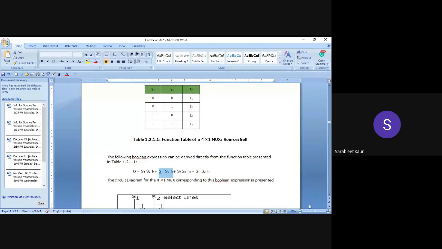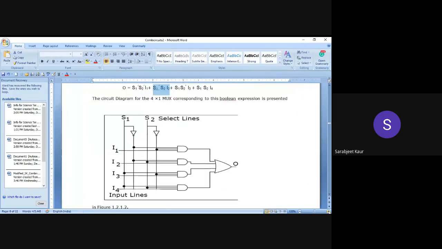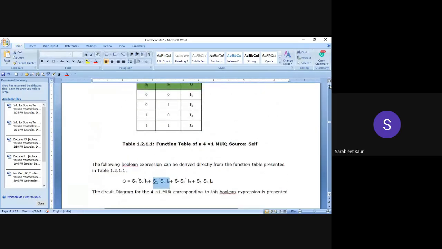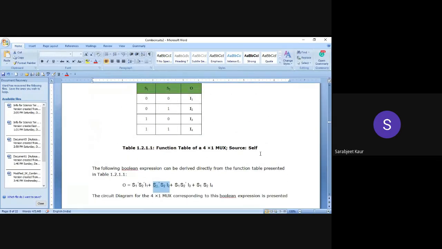Can you see it here? Is it too small for you to see? The font is okay? Can you make out? I've increased the font. Yes, ma'am. We can see.